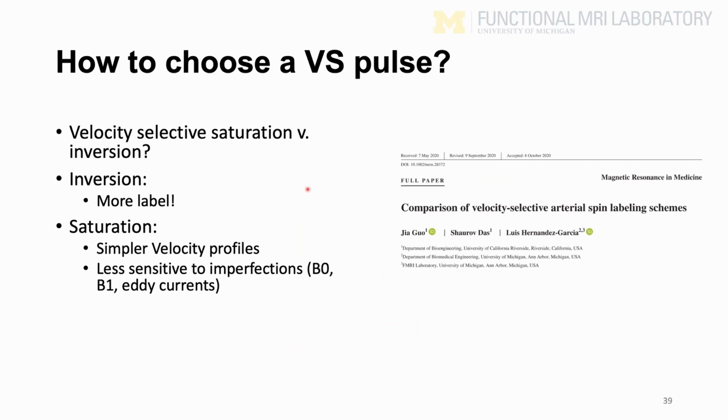So after a while, a lot of pulses were evolving, and there's been some experimentation, and then we came to the question: which one's going to work better, the original velocity selective saturation pulses or these, because they're not very perfect. The inversion pulses, at a first approximation, are definitely going to do better because you get twice the label.